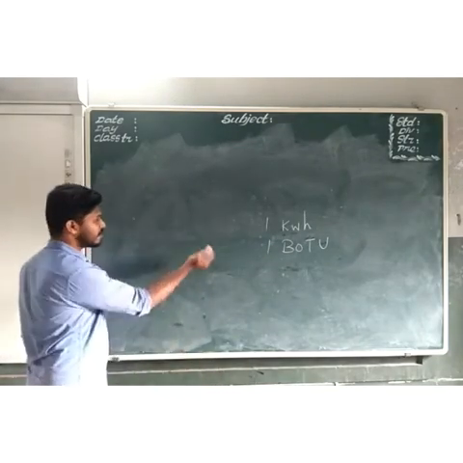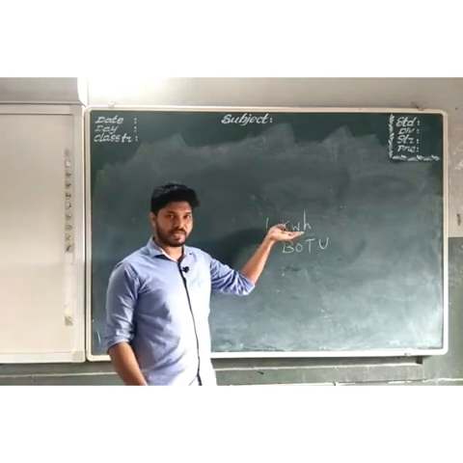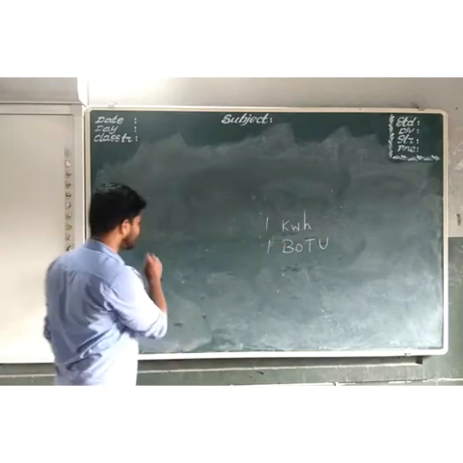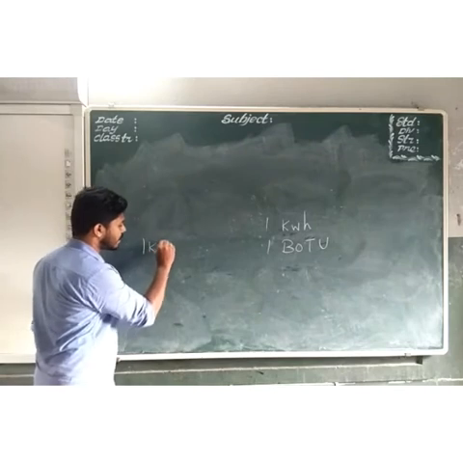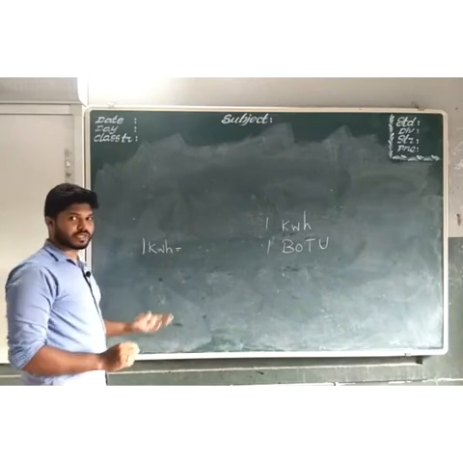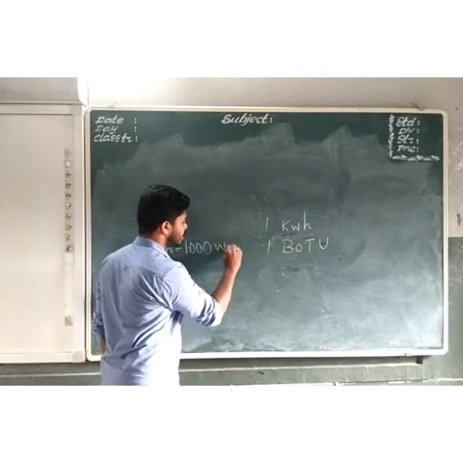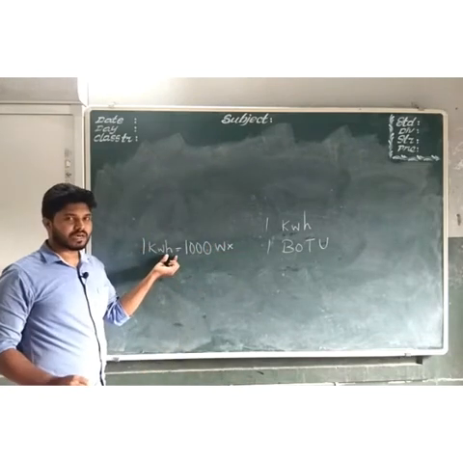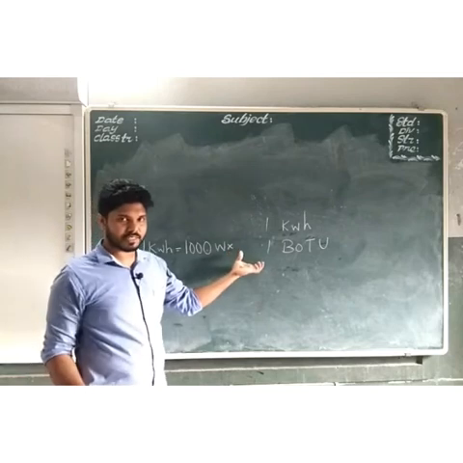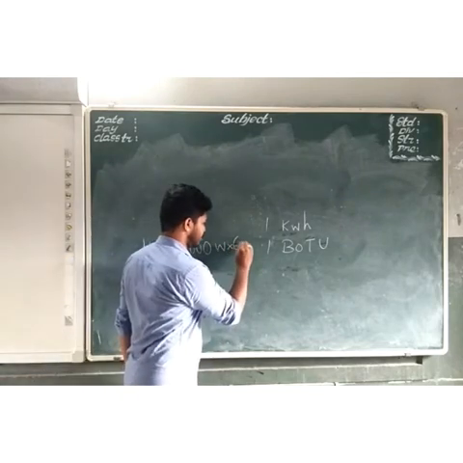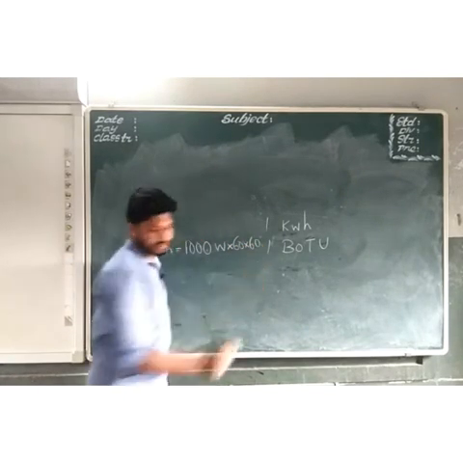So now let's find out what is 1 kilowatt hour. We know 1 kilowatt hour is equivalent to 1000 watt into hour. How can we convert hour into seconds? 60 into 60, isn't it?